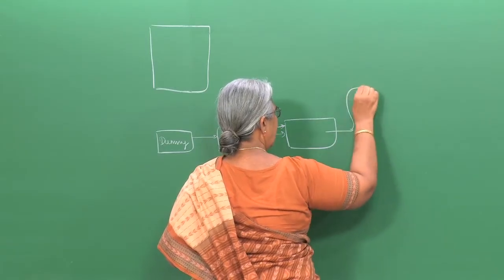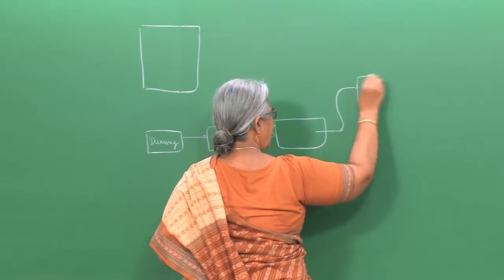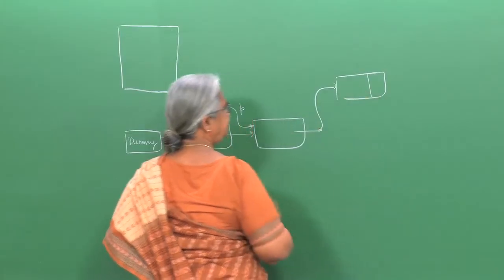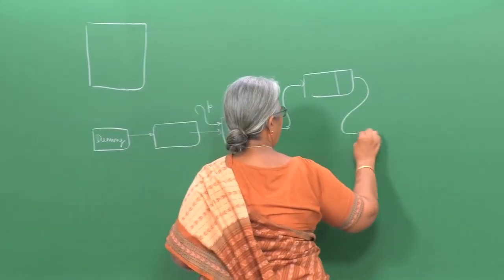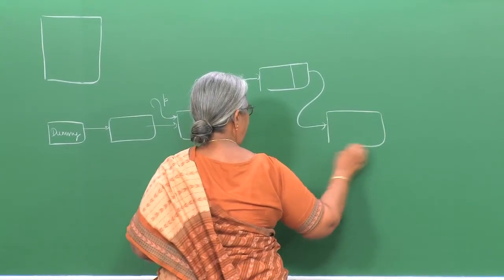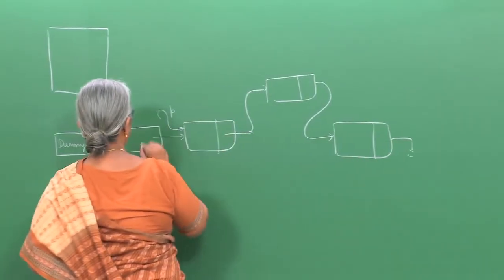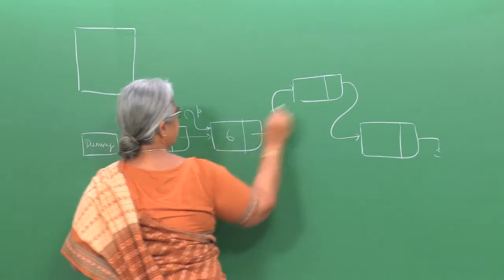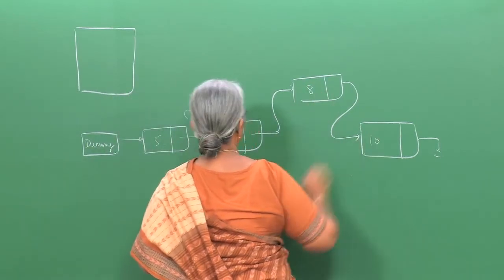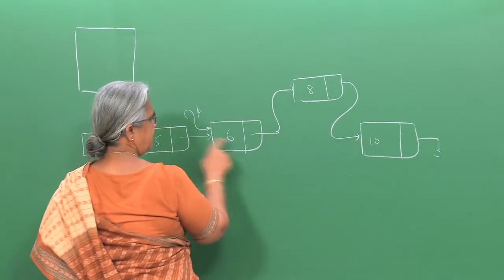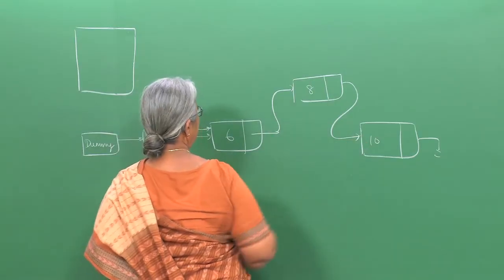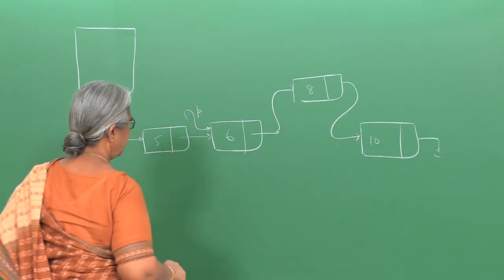Then what we do programmatically is insert at this point and point this back. So, obviously, when the user wants an element to be retrieved, let us say this is 5, 6, 8 and 10. Initially it contained 5, 6 and 10, and you said please insert an element at position p.